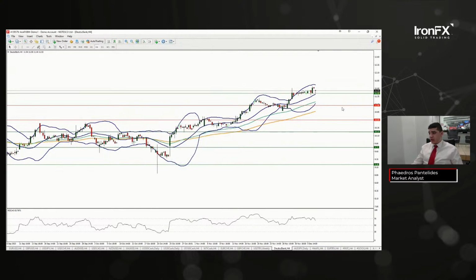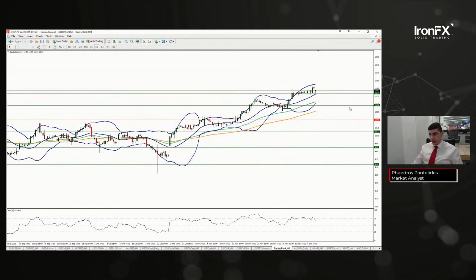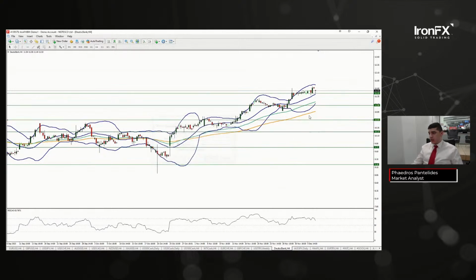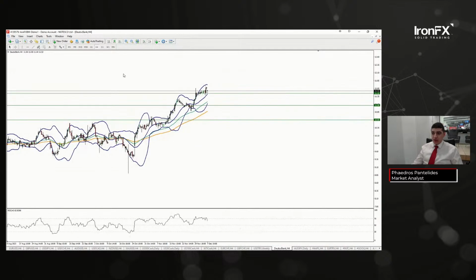Now, from a fundamental point of view, for American banks, not Deutsche Bank, which is German, they testified before Congress yesterday, and essentially they were against the implementation of the Basel III Accord. Essentially, in theory, that would restrict funds that banks would have available in order to lend.